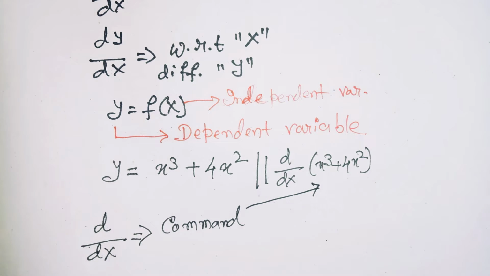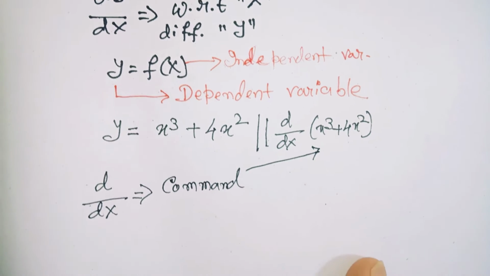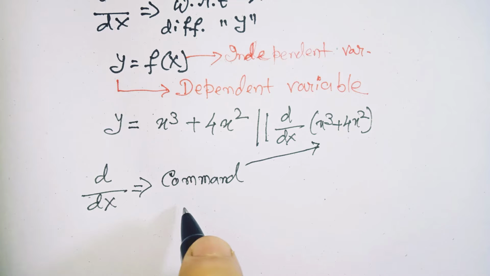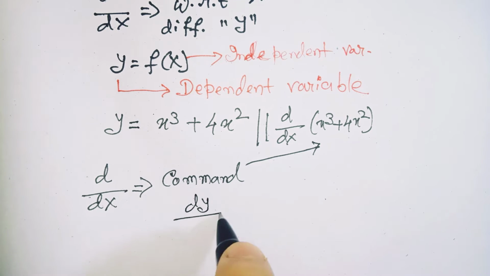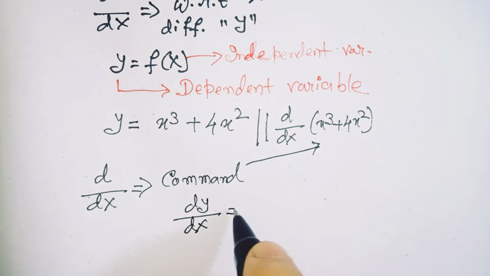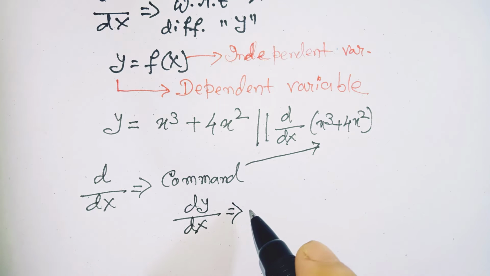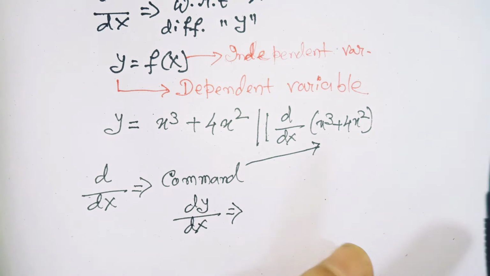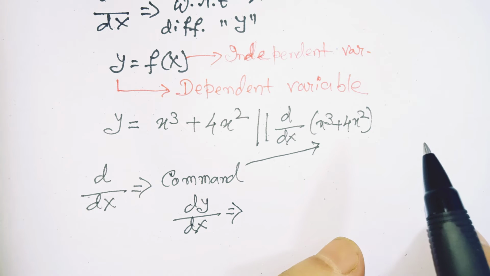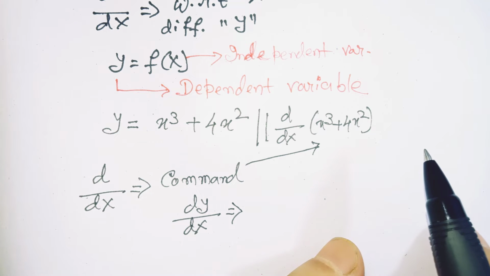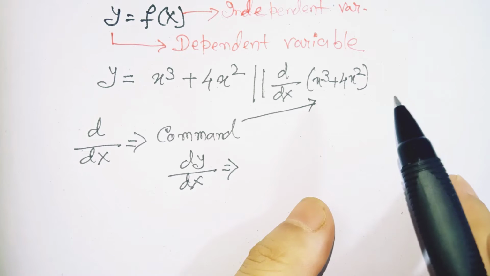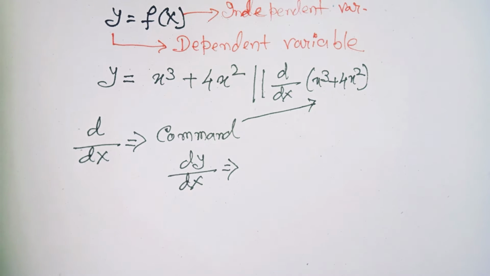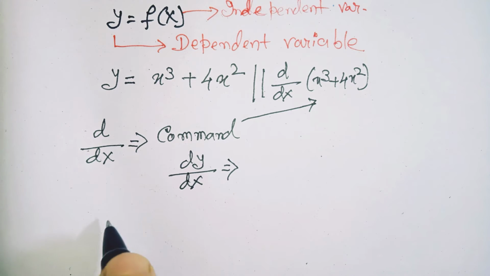When I write d by dx, it is telling me something to do. Whereas when I write dy by dx, it tells you that this is the derivative of some function of x, y, whatever. I hope those who have gone through the basic rules of calculus can understand.